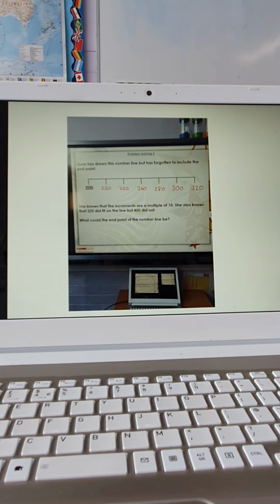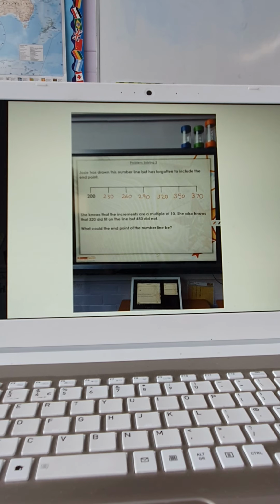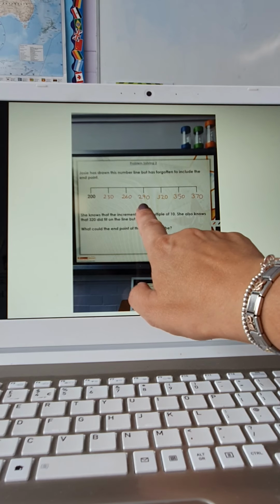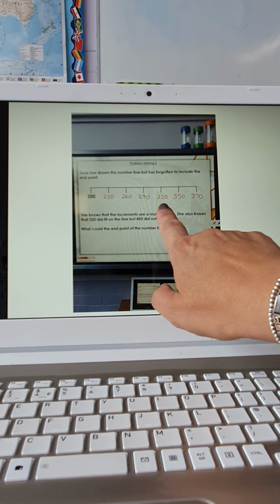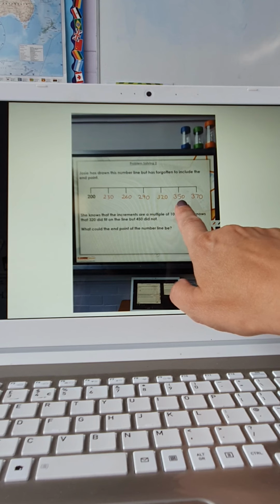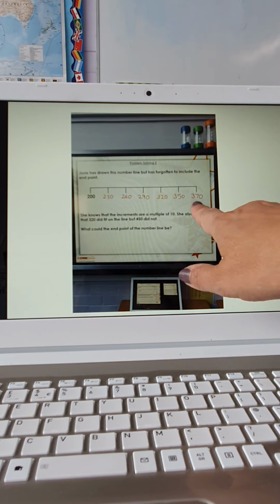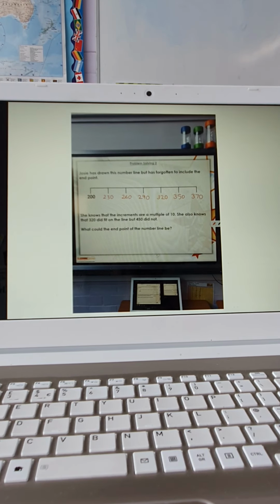If we look at another one and go up in 30s, 230, 260, 290, 320, 350 and 370, we've gone up in 30s, we have got 320 on there, but not 450. So the end point of that number line is 370, and that would fit with what Josie has drawn.